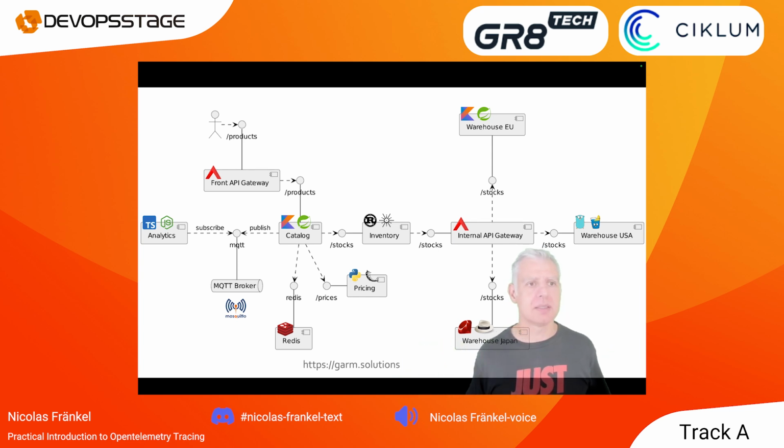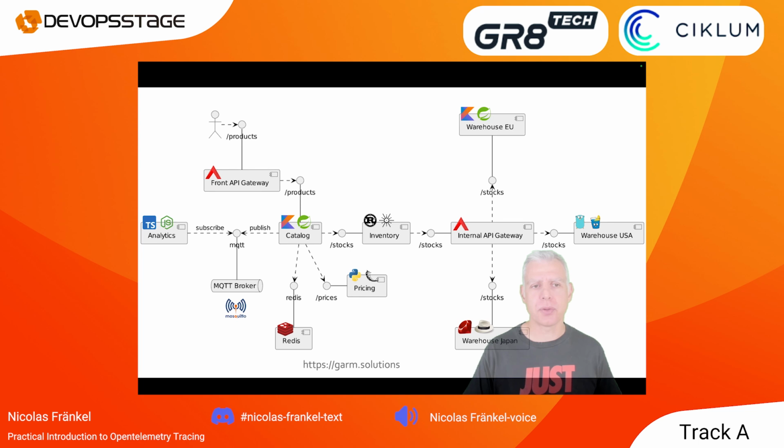Here it is. So the context is the homepage of an e-commerce shop. I want to have some products and I want to know their price and if they are available in different warehouses. So the first request goes to products and it goes to the API gateway because I need to protect my APIs, perhaps do some rate limiting as well or whatever.